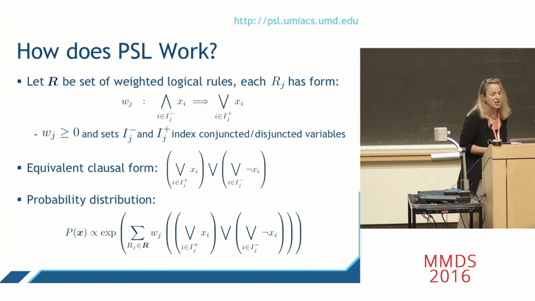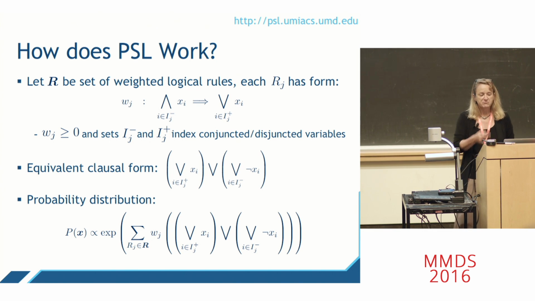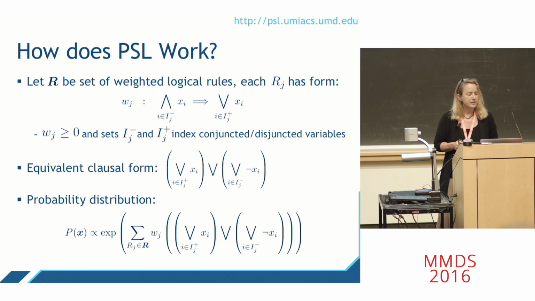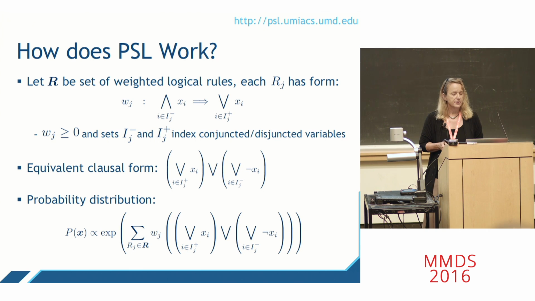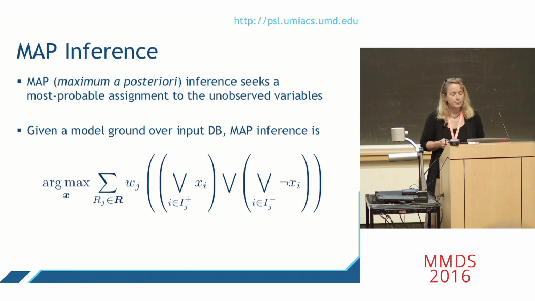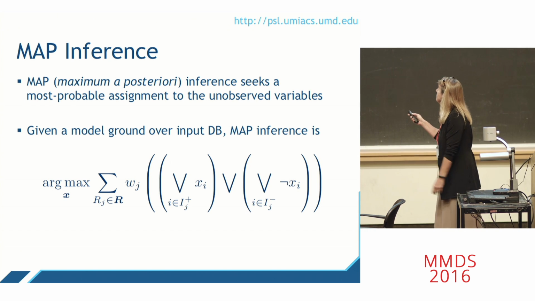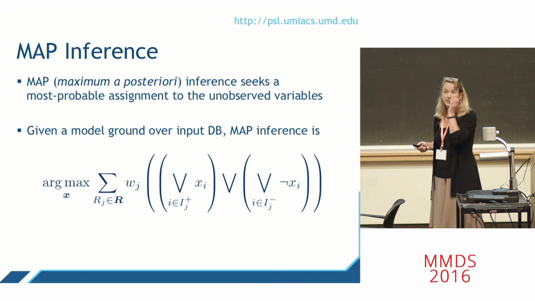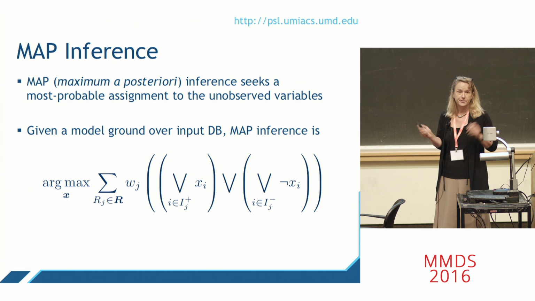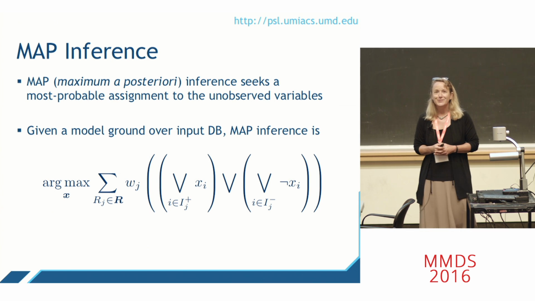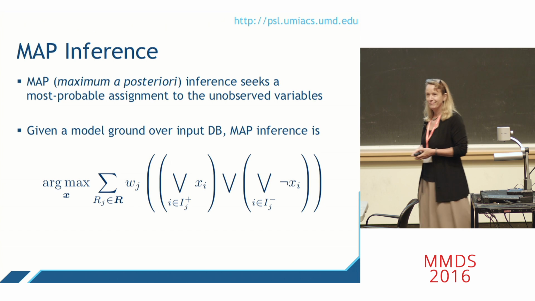Again, this is a simple way of defining a distribution over these states of the variables. And now I'm going to define the MAP inference problem as find me the argmax. What are the most probable values?